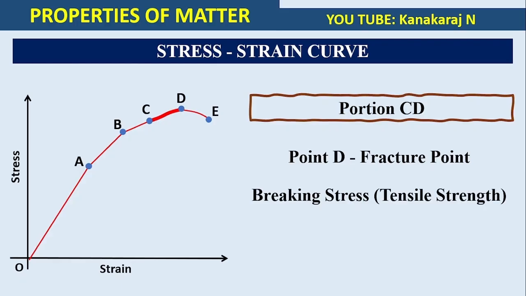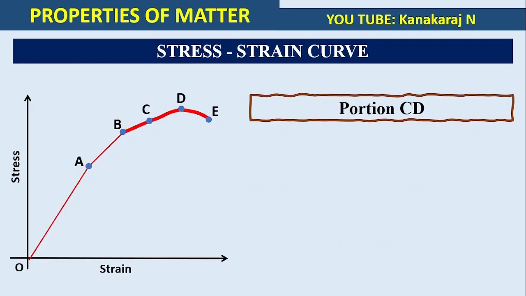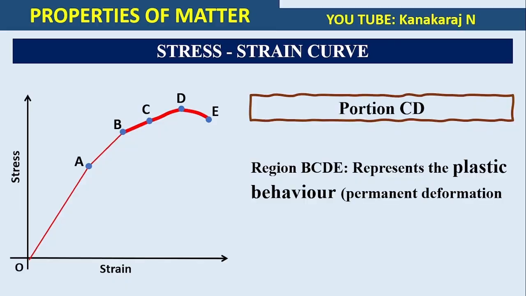Breaking stress or tensile strength is the maximum stress beyond which the wire breaks. The region BCDE represents the plastic behavior of the wire where permanent deformation occurs.